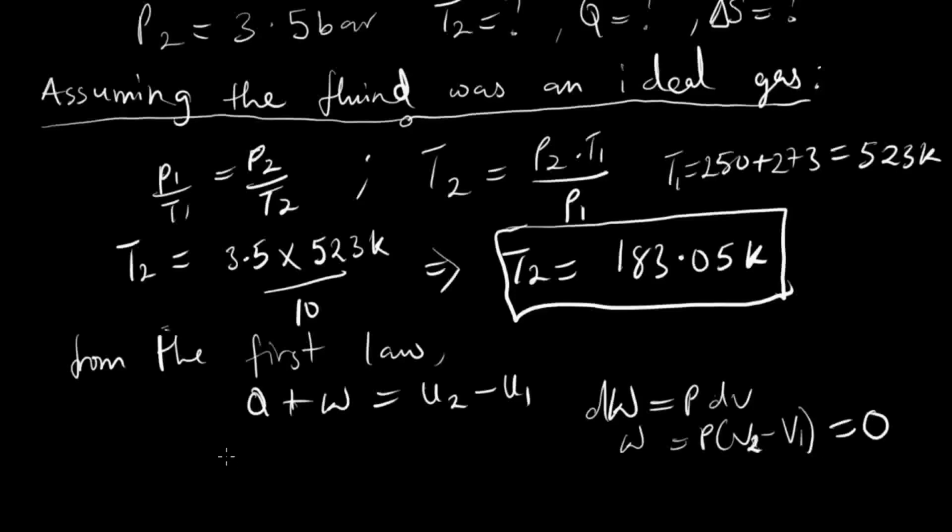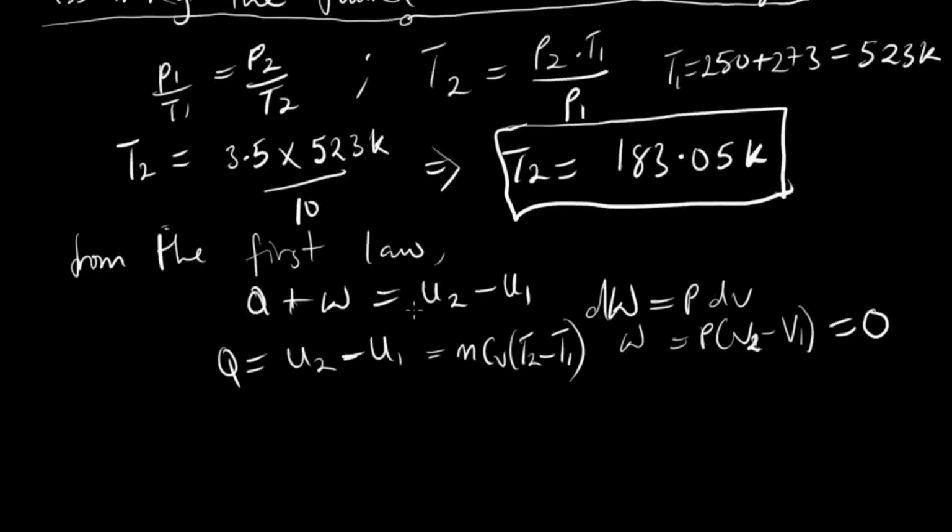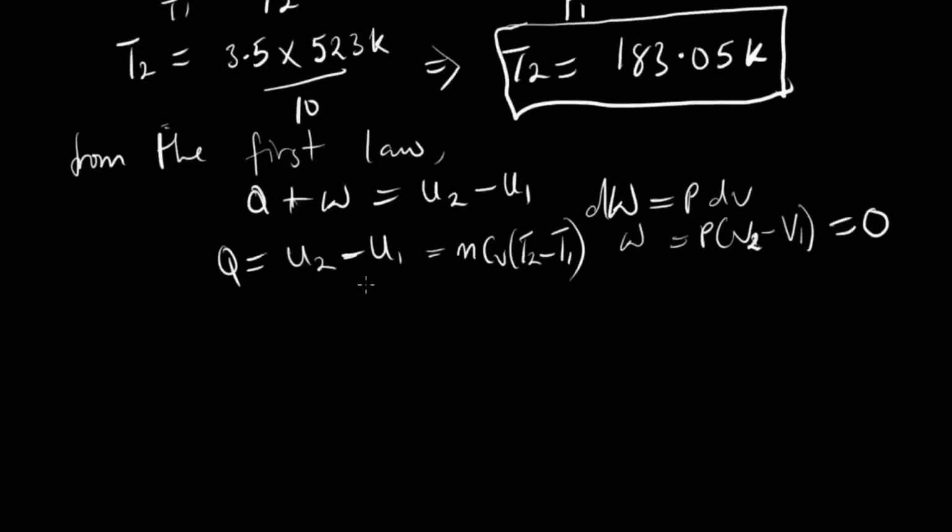That leaves us with Q equal to U2 minus U1, which is equal to m Cv times T2 minus T1. We've written m but we don't know it, so we have all the parameters to get it. So Q remains m Cv (T2 minus T1).